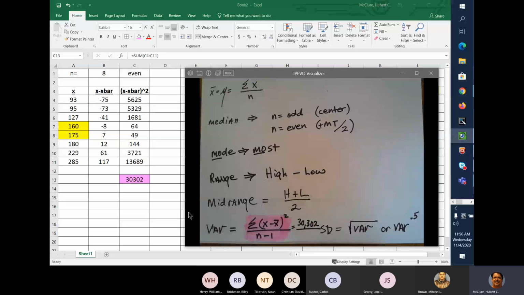Somebody tell me what n minus 1 would be. Okay, all of you should be saying 7. Where did I get 7 from? The number of scores minus 1.